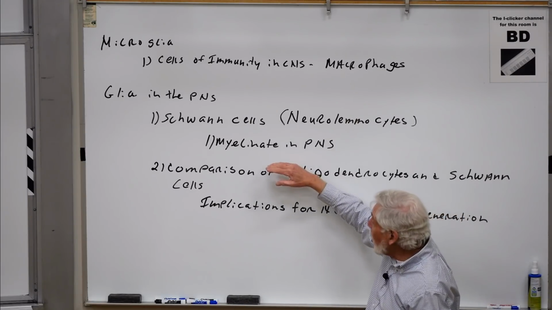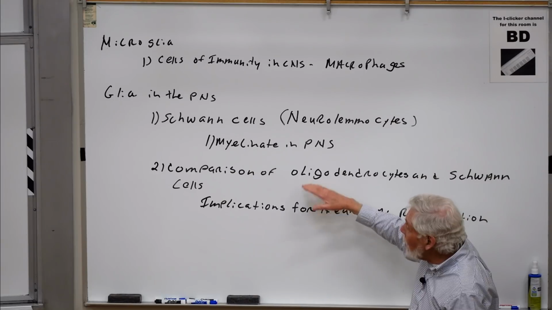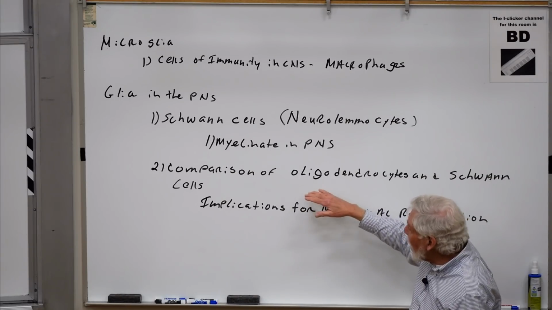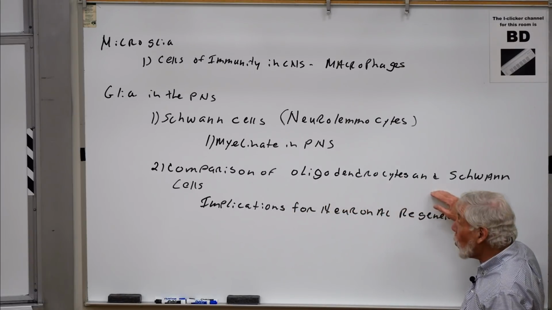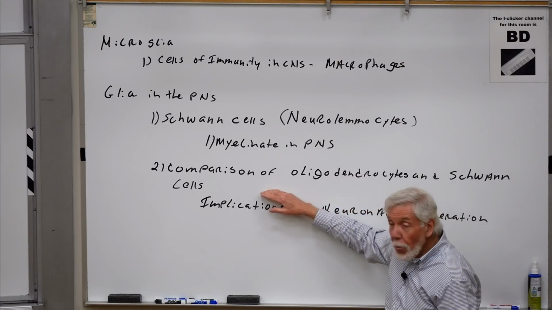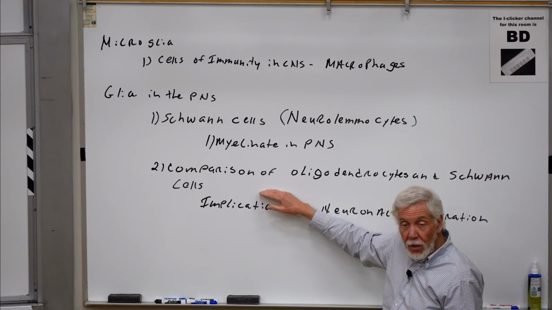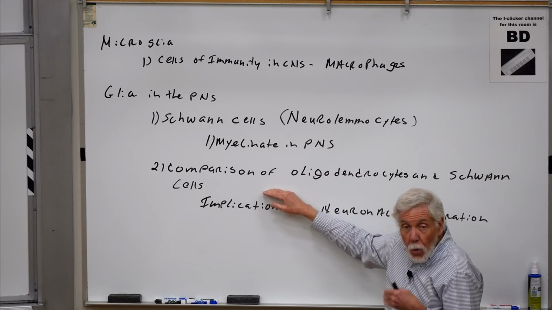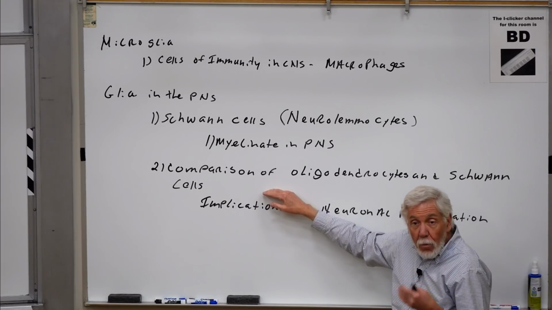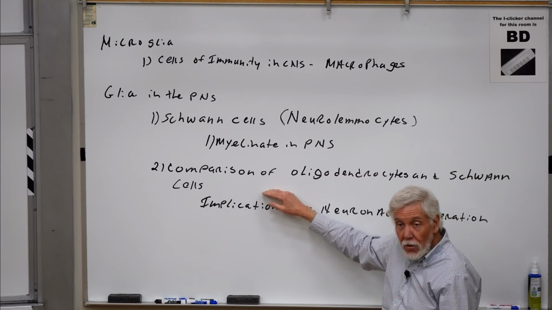And then one of the points I want to make here is that there is a big difference in how oligodendrocytes and Schwann cells operate when neurons are trying to regenerate. Schwann cells are supportive of neuronal regeneration. That's why you can damage a neuron in the periphery and it will reinnervate its old targets.